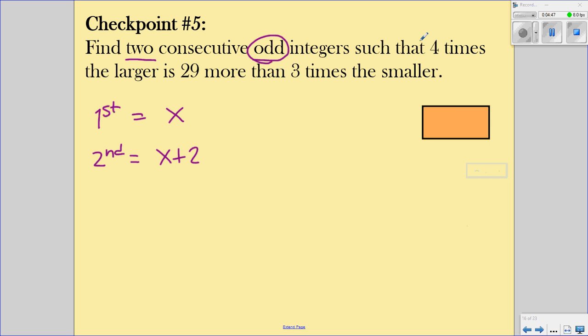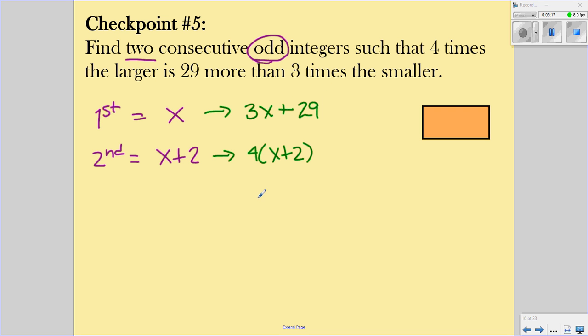And now they say such that 4 times the larger. So then this one will be 4 times the larger, is 29 more than 3 times the smaller. So 3 times the smaller, plus 29, because it's more than.